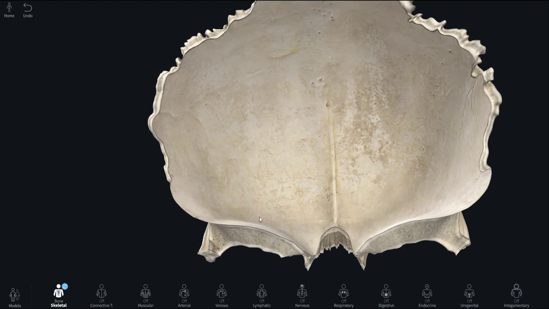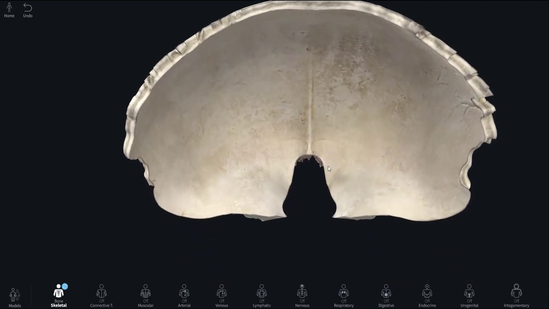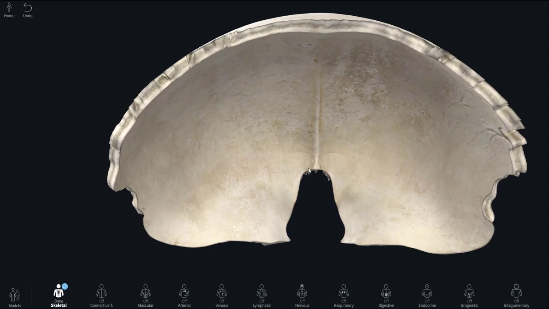Now this margin of the U-shaped ethmoidal notch provides attachment to the superior surface of the labyrinth of the ethmoid bone.